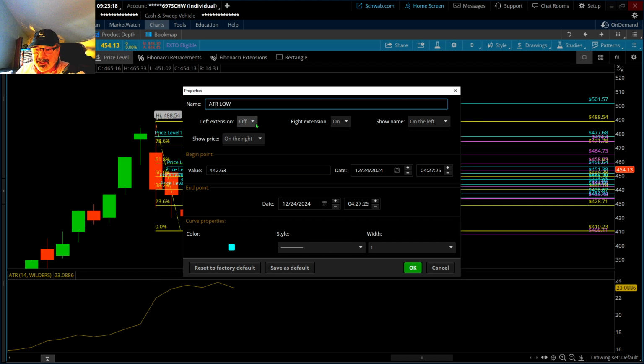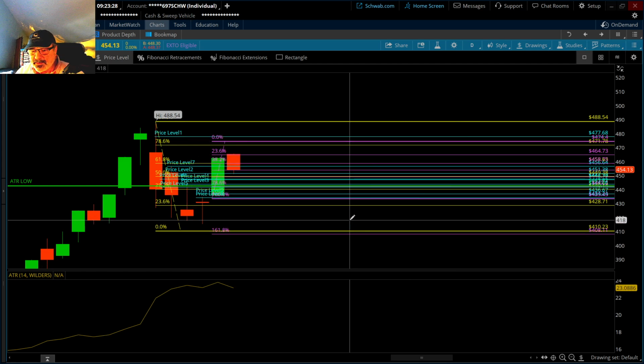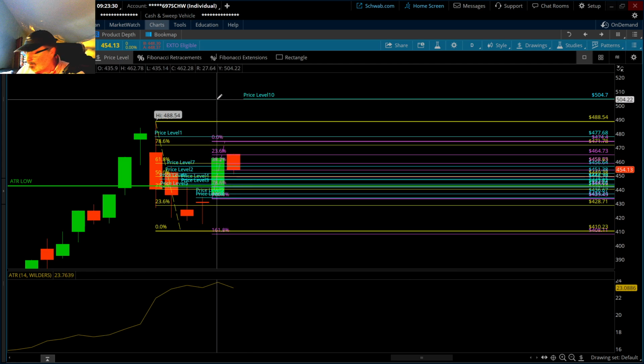Now remember, ATR is just one number, I understand that, but we're trying to find the center of where that ATR is for the day, and then where the high and low we might expect it to move within the channel. So we ended up with 442.63.